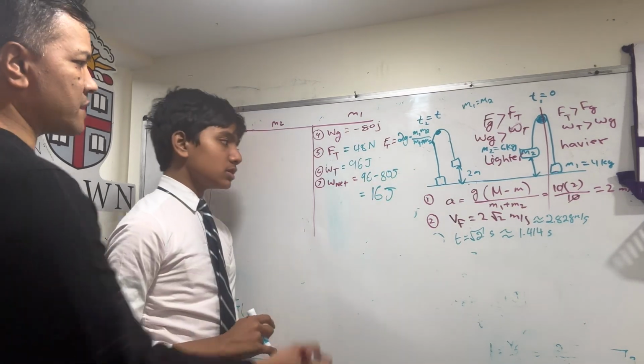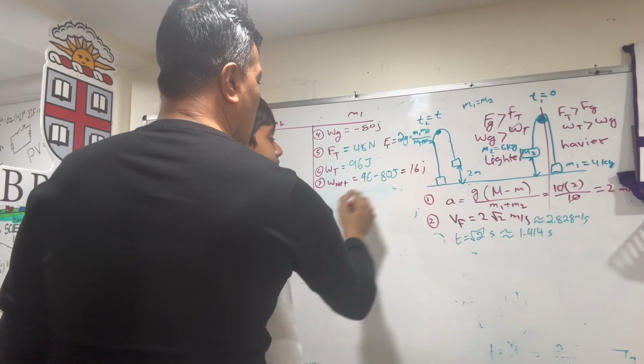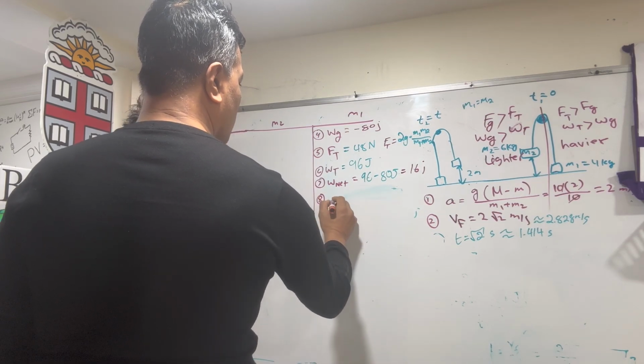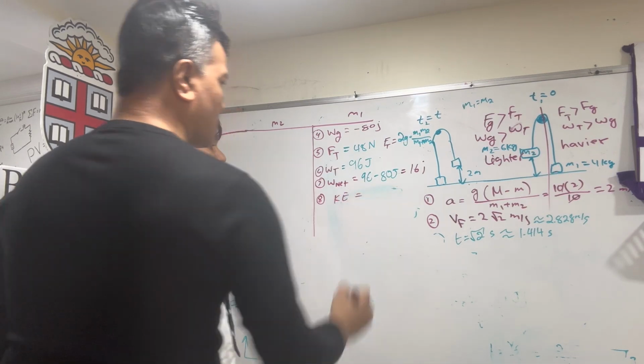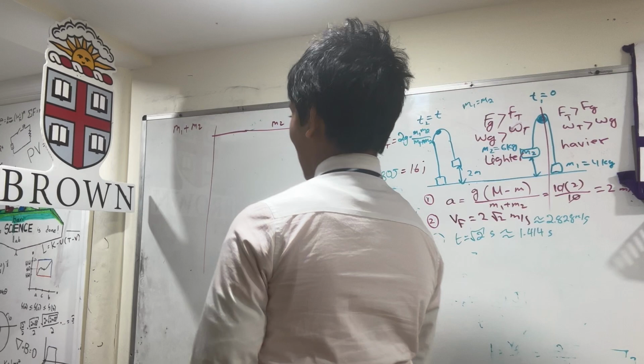Now, I want to ask you a very simple question. How much kinetic energy was responsible for velocity 2√2 on mass 1? Well, okay, the kinetic energy of mass 1 before or after?